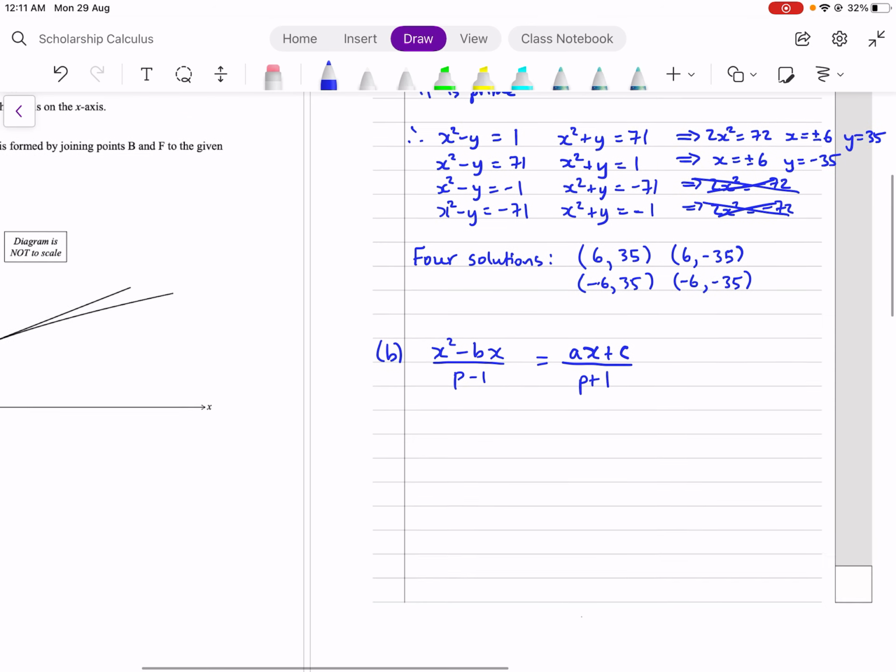Okay, first up, the quadratic's not in standard format. So what I do is put it into standard format by writing it as 1 over p minus 1 x squared minus b over p minus 1 times x. See, I don't cross multiply, I just split the fraction into two parts, a quadratic part and a linear part. Then with the fraction on the right hand side, I move it to the left by subtraction.